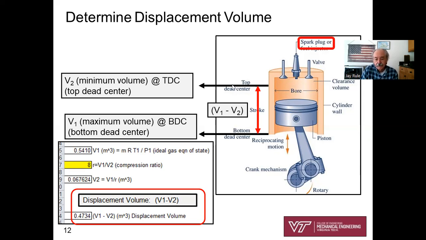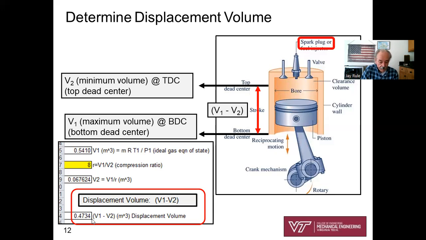So V2, that's the minimum volume, the volume at top dead center. We didn't have that, but we just finished calculating V1, the volume at bottom dead center, okay? So now it's pretty easy, plug and chug. V2 is 1/8 of V1.